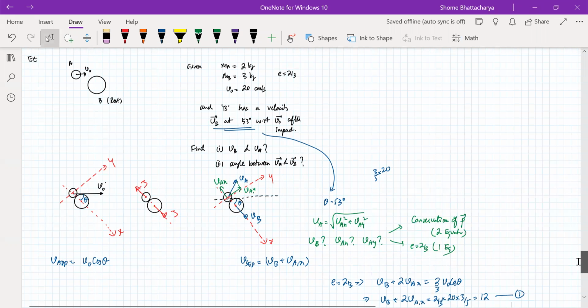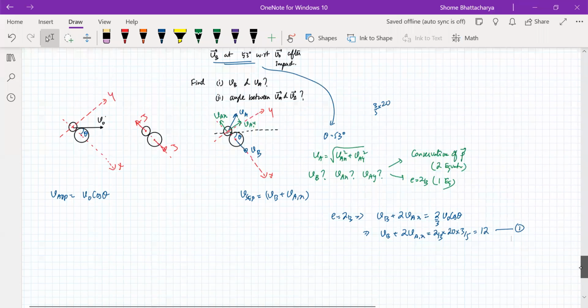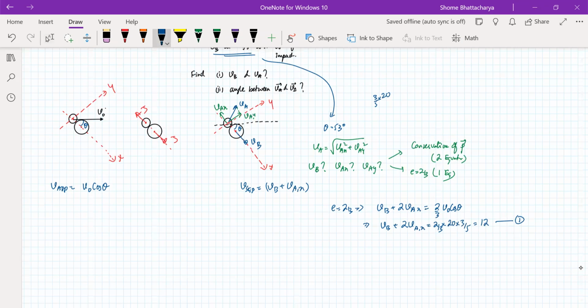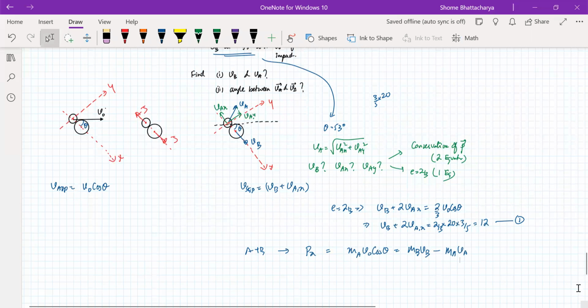Then we'll write the momentum conservation equation along the x-axis. So for A plus B, momentum along the x-axis will become MA V naught cos theta is equal to MB VB minus MA VA. Okay, so masses were 2 and 3 kg.